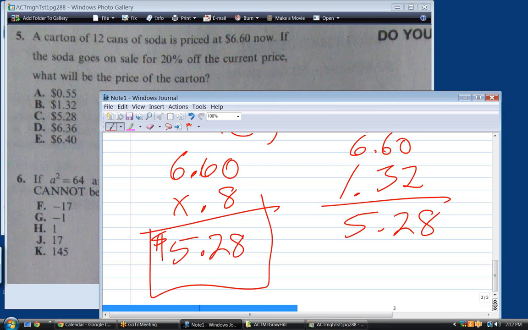Plus, it applies when you say that something appreciated by, say, 15%. Let's say that these 12 cans of soda went up by 15%. Well, you don't need to multiply it by 15% and then add it to that. You could just take that and multiply the whole thing by 1.15. In other words, whether you're going up or down, you can always use this logic. And it always saves 1 step.